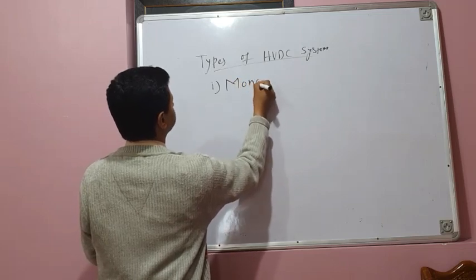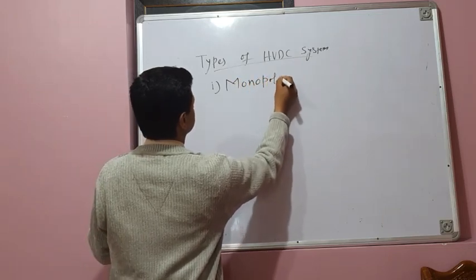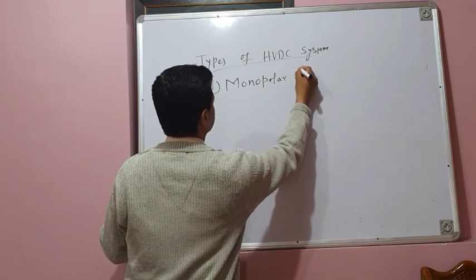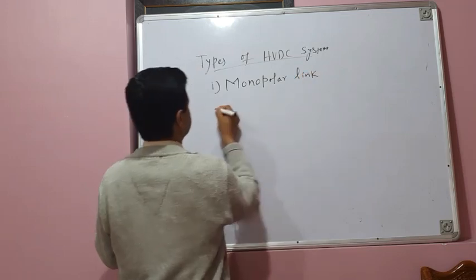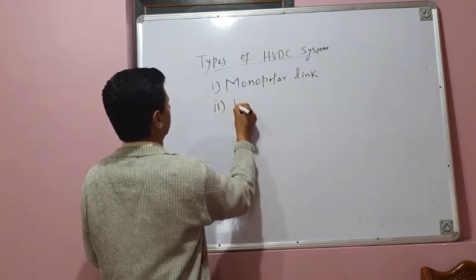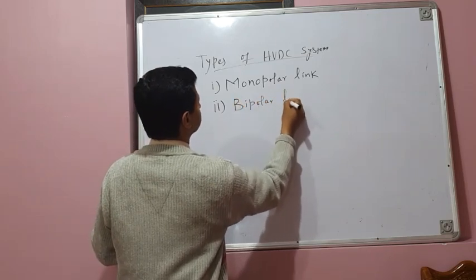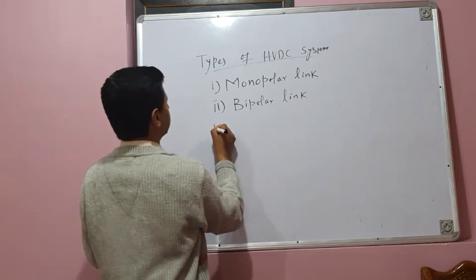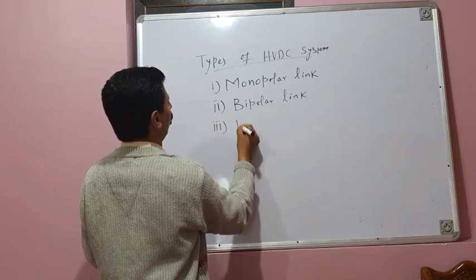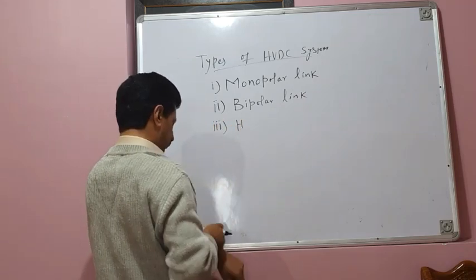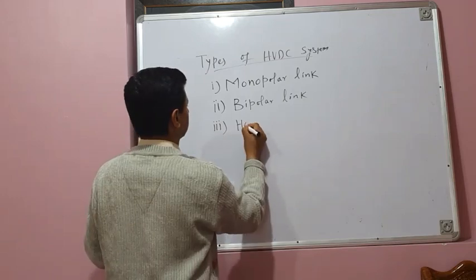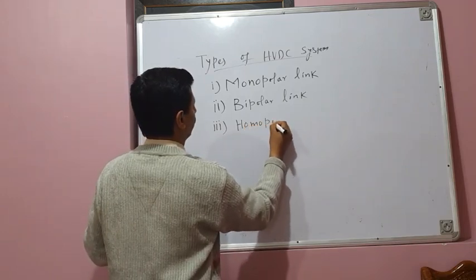Monopolar link, second type is bipolar link, and the third type is homopolar link.